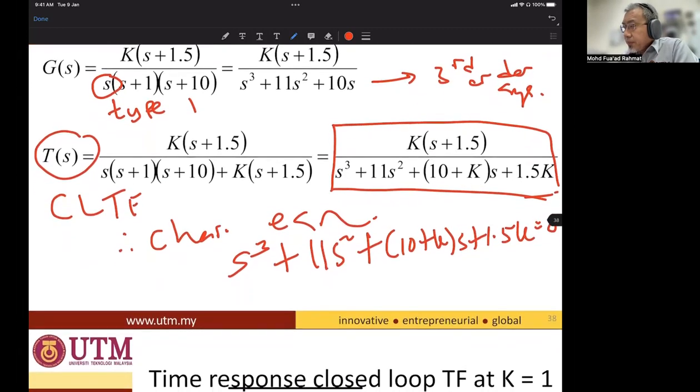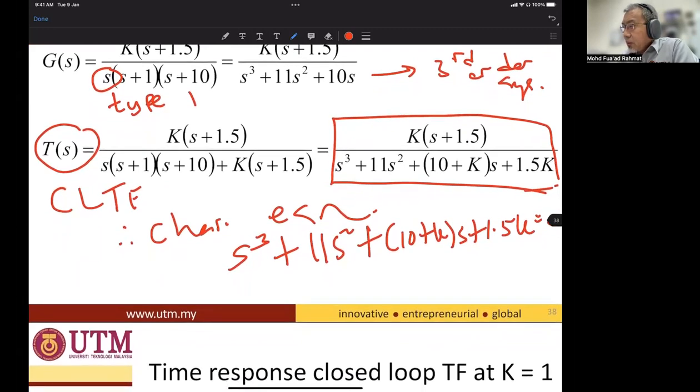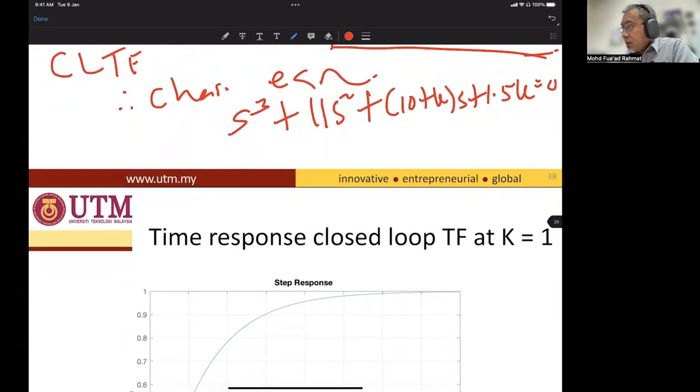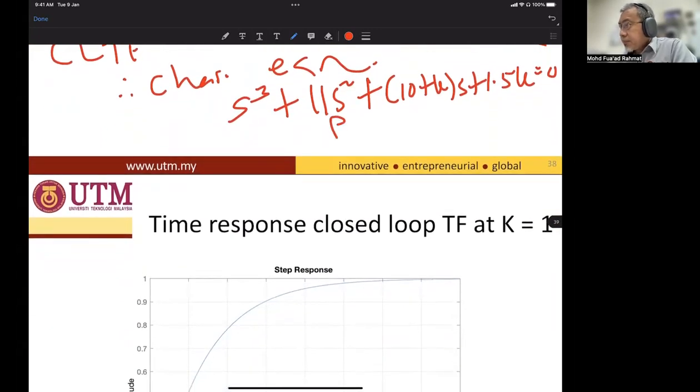Because we want to know the value of the closed loop poles as K is varied on the root locus, especially where the root locus intersects the imaginary axis, the j omega axis.